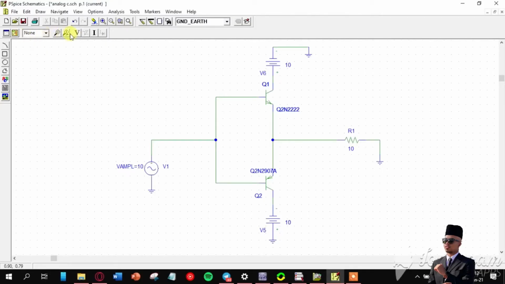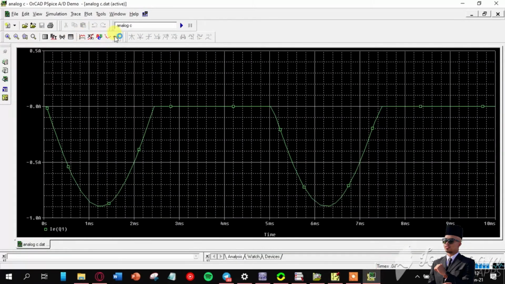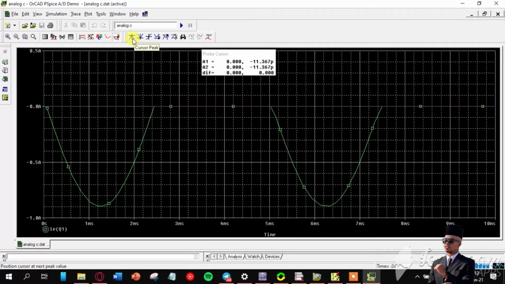Then I will place this current marker on this transistor and simulate. This is the waveform of IE.